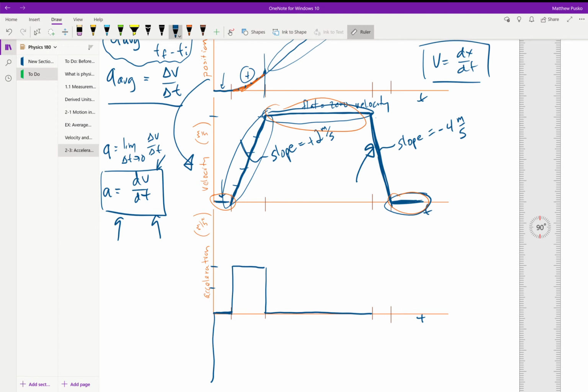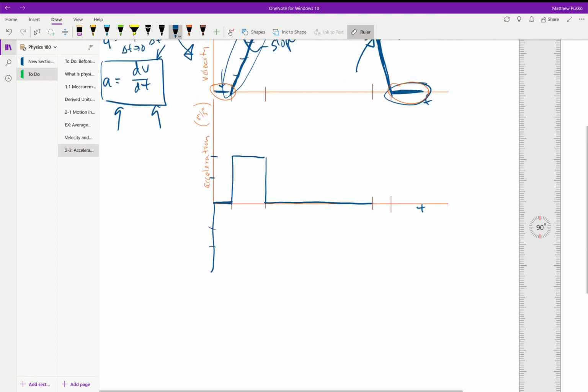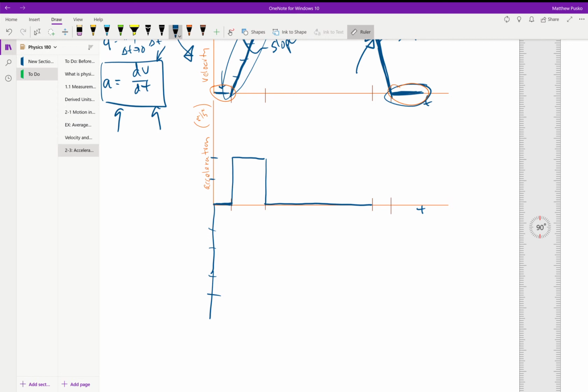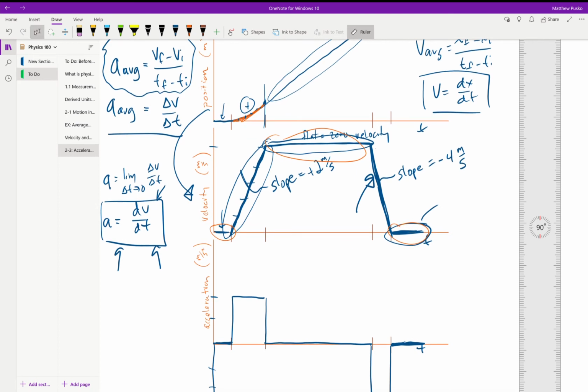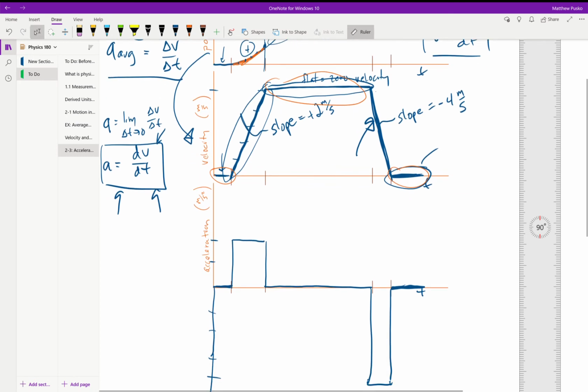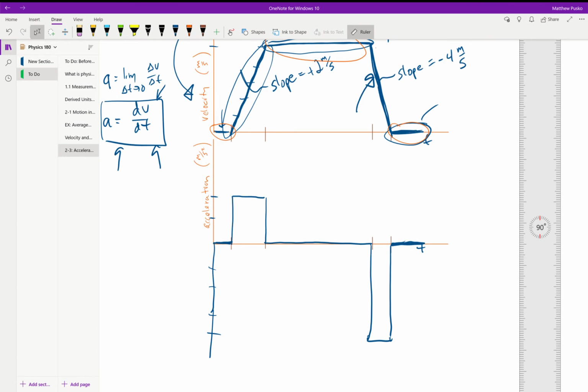If that was 2, I believe this one is -4. And plot some points. Ta-da! And remember here, that's sitting at a 0 velocity, and it has a 0 slope. That also means that there's no acceleration. So we just turned a position versus time graph into a velocity versus time graph into an acceleration versus time graph.